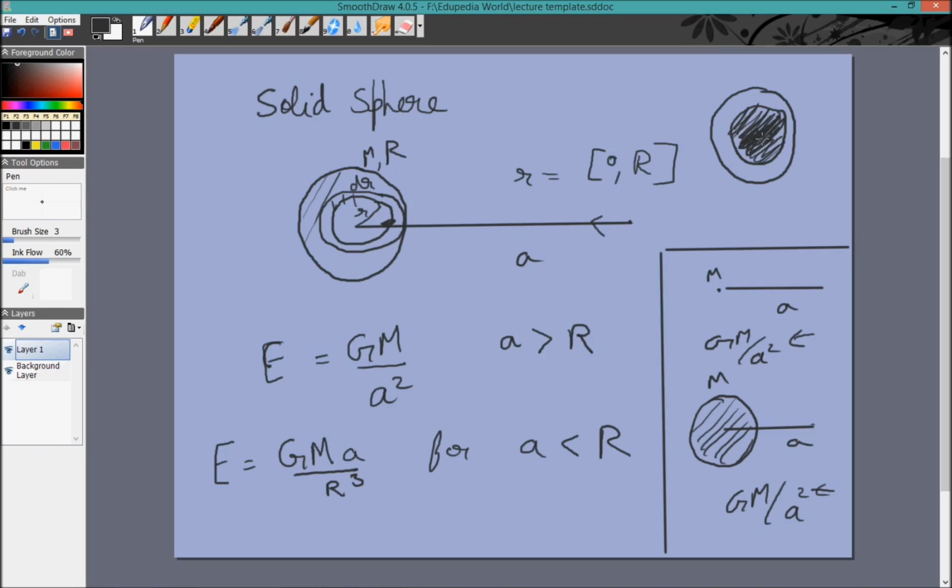Every point inside this will contribute GM by a square, and you can just add them up to get the total, and every shell outside will contribute 0. Right, because we can divide them into hollow spheres as well, and every hollow sphere has a gravitational field 0 inside it. So the gravitational field at a point in this place would just be due to this inside sphere. You do not need to calculate the outside sphere at all, right?